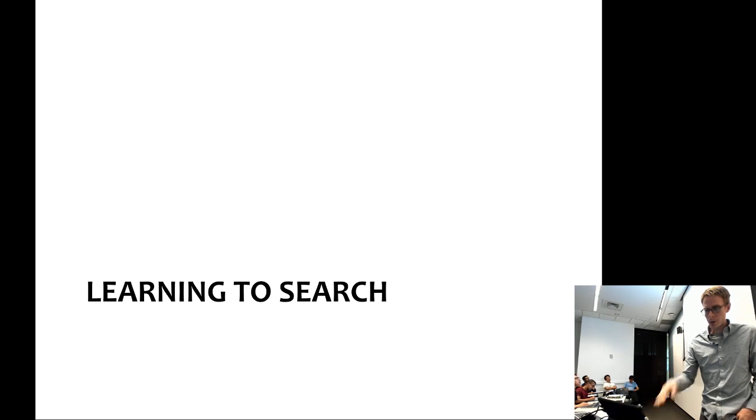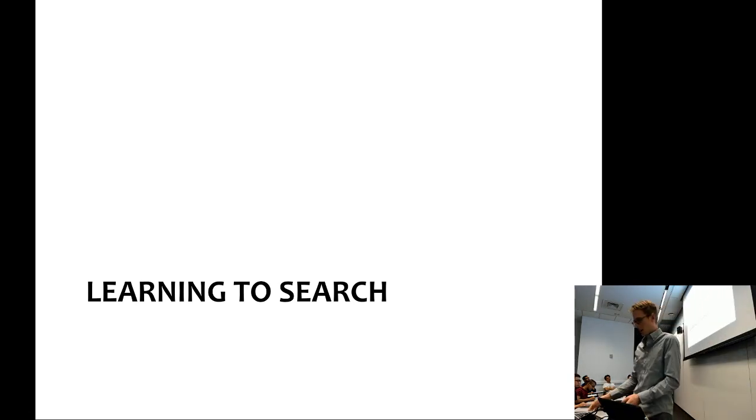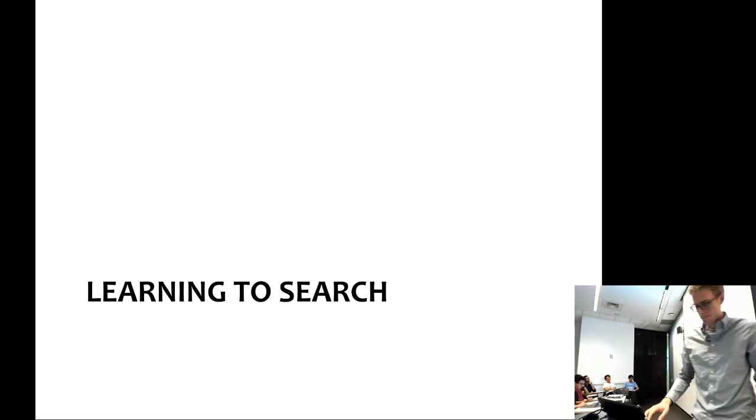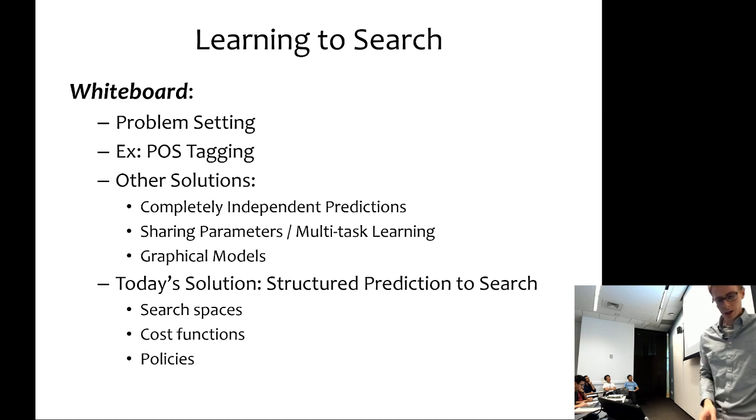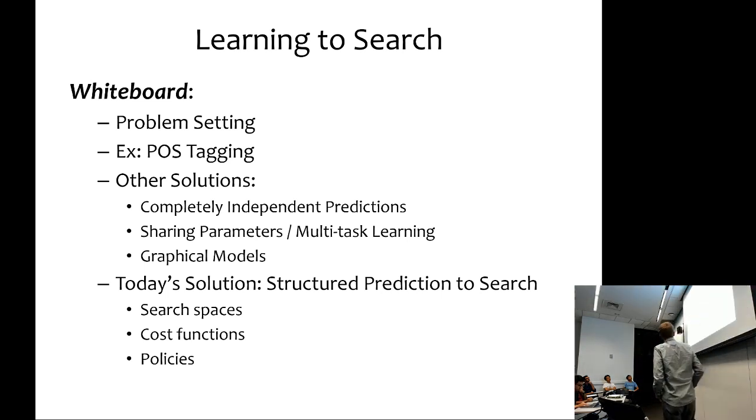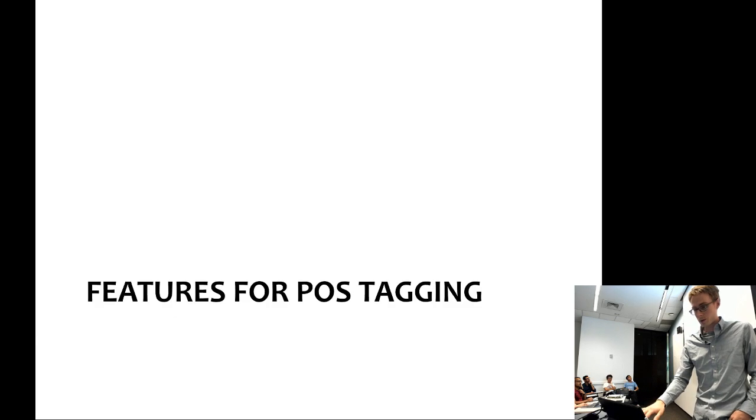And so I want to turn back to our discussion of learning to search here. In particular, I want to circle back to a topic that's really important, which is how to actually construct scoring functions for the running example that we've been using, which is part of speech tagging.